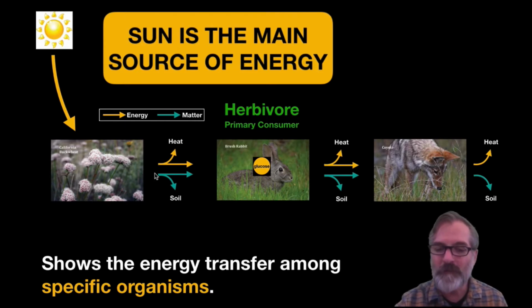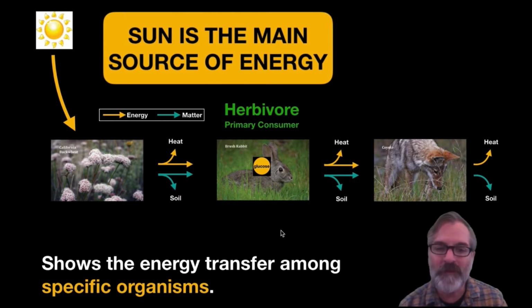And then also some of the matter is lost through maybe shedding some of its hair or its excretory system, where it goes to the bathroom, scat, right? So some of that's going to go into the soil and some of the energy is going to be lost in heat. But the energy from that plant is going to be transferred there.